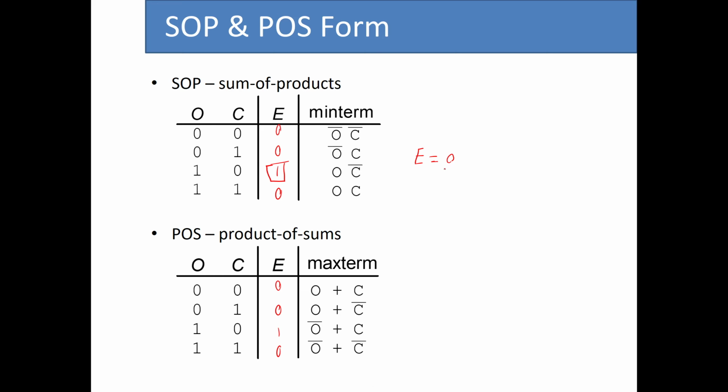So the min term here is O C bar. So again, as you can see here, whenever we have the variable as 1, we consider the variable itself. Whenever the variable is 0, we consider its complement, right? So that's when you don't want to write all the min terms.